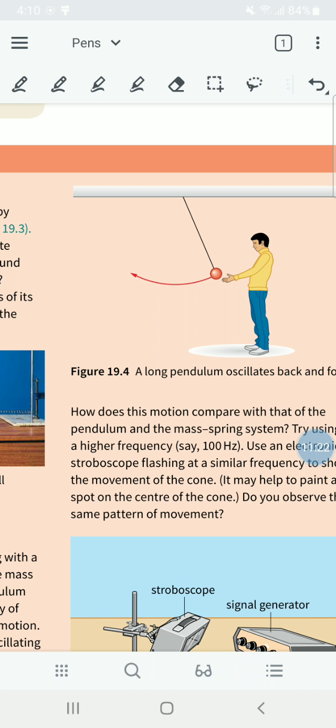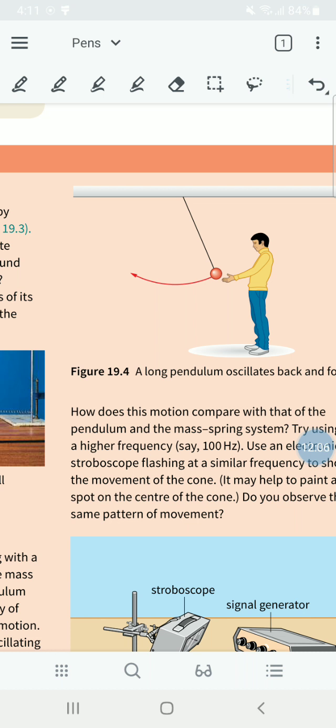It slows down when it goes to the left and to the right, comes to a complete stop at the extreme ends, and accelerates until it reaches the central point or the resting position, and then decelerates until it comes to a rest at the other end. I hope you understood.